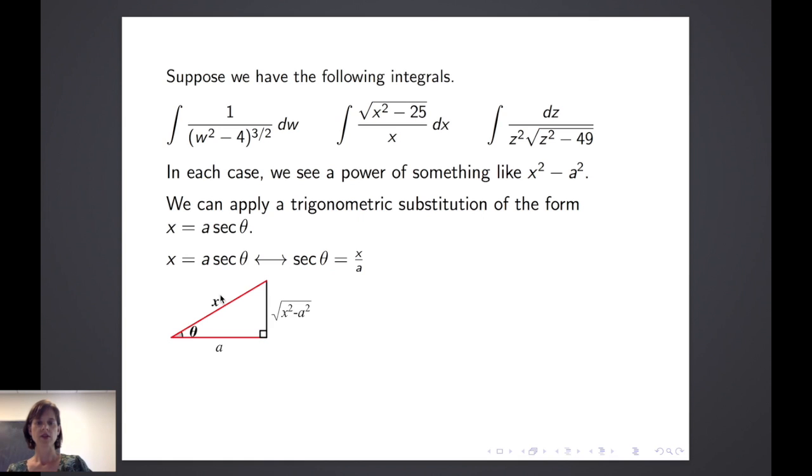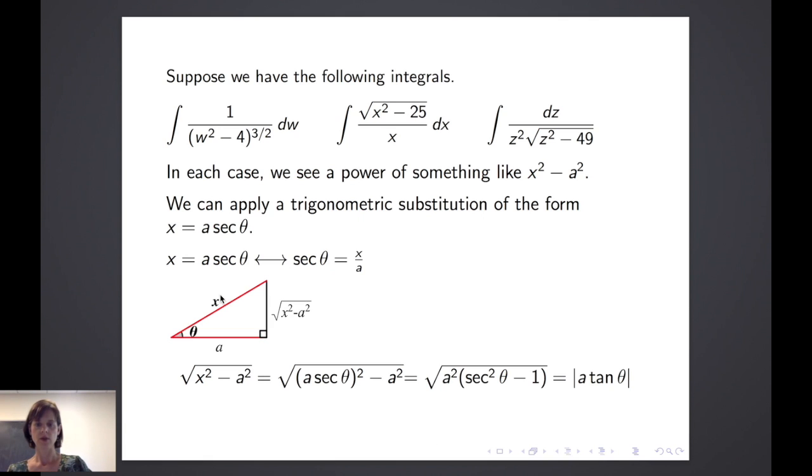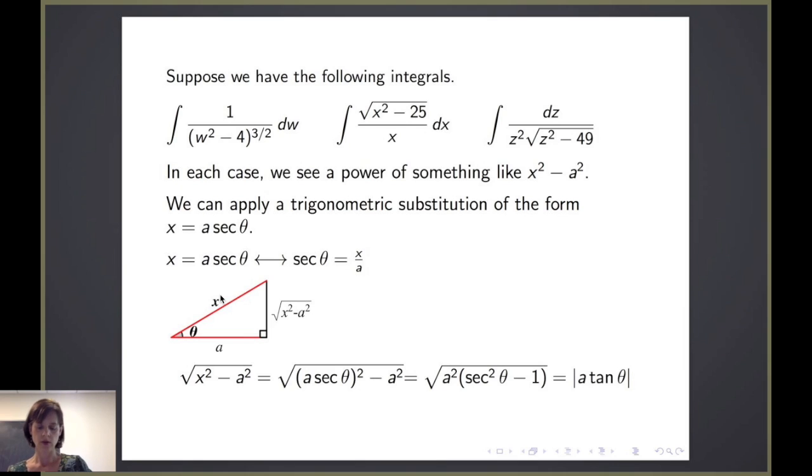So now when I consider the square root of x squared minus a squared and I use that substitution that x is equal to a secant of theta, I square a secant of theta, subtract a squared, under the square root sign, I've got a squared times the quantity secant squared theta minus 1. You'll recall the Pythagorean identity says that 1 plus tangent squared theta gives us secant squared theta.